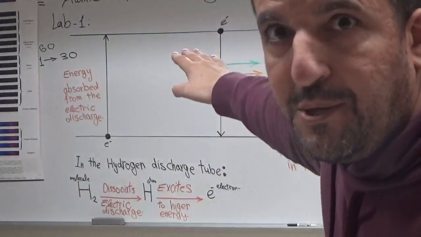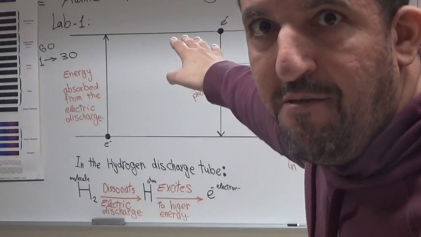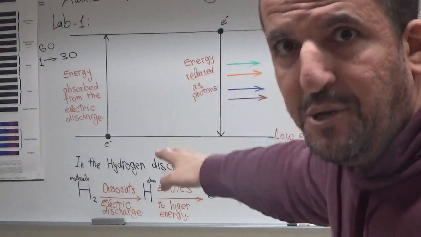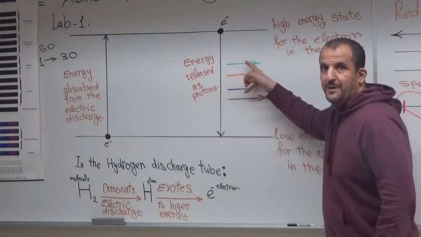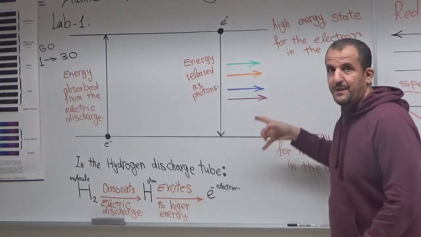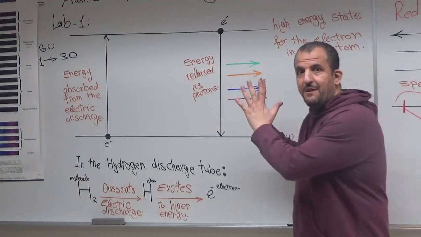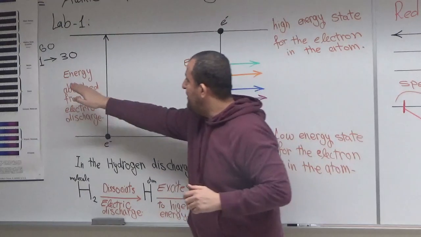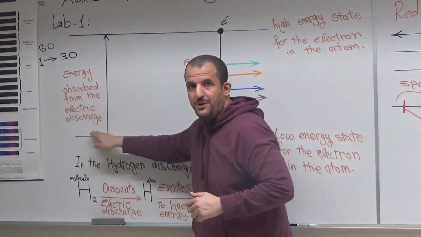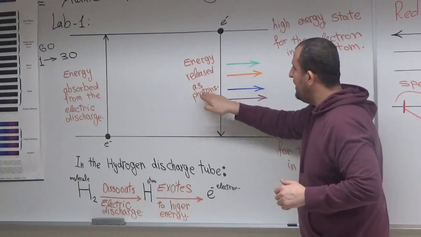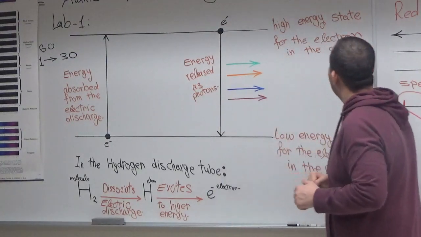The electron will stay at that level for some time, which is the lifetime, and then go back. When the electron goes back, you will see that there is light, photons will be emitted. This is the mechanism, guys: energy absorption from the electric discharge, and then energy released as photons.